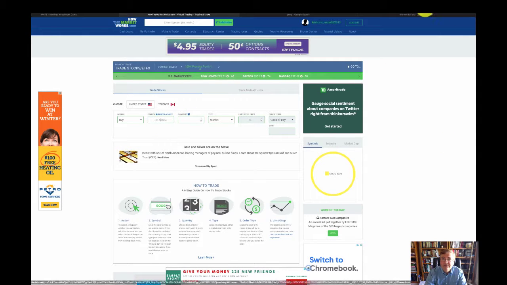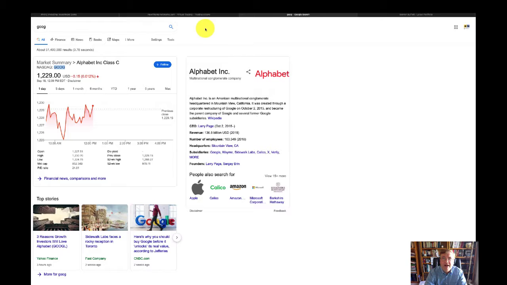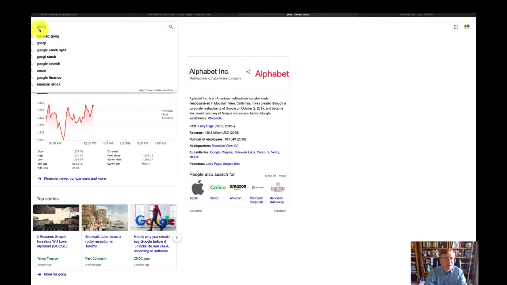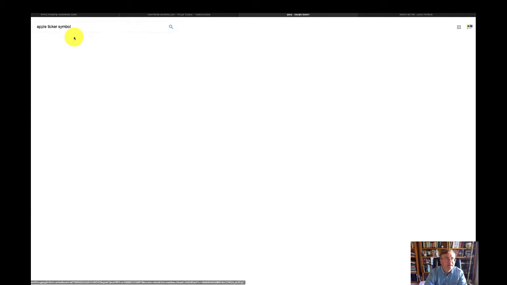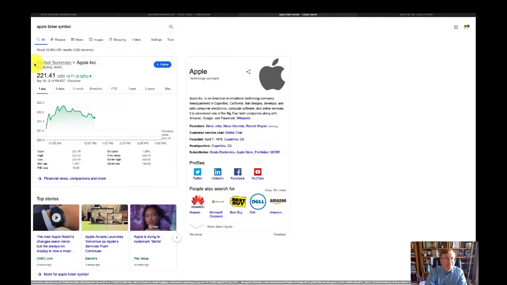So let's type in, remember, if you didn't know the ticker symbol for Apple, just go to the Google Finance search engine and type in Apple ticker symbol. Okay. And Google provides you with the ticker symbol right here, AAPL. It's trading on the NASDAQ stock exchange, which is an electronic stock exchange, and it's trading at 221.40.